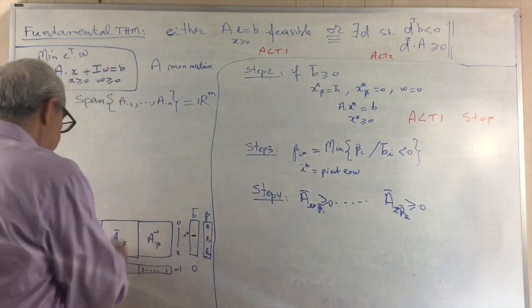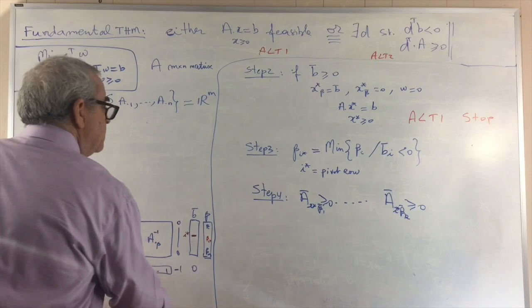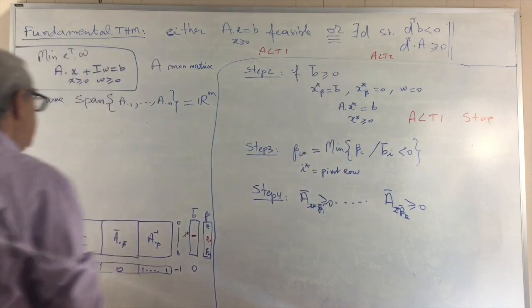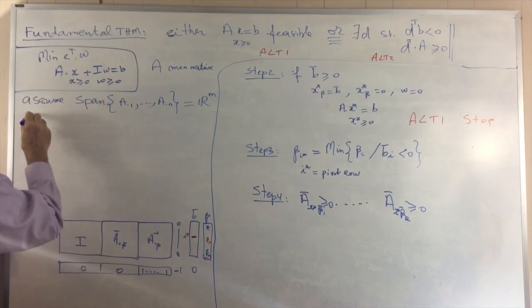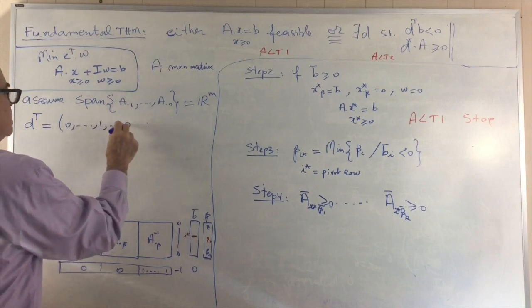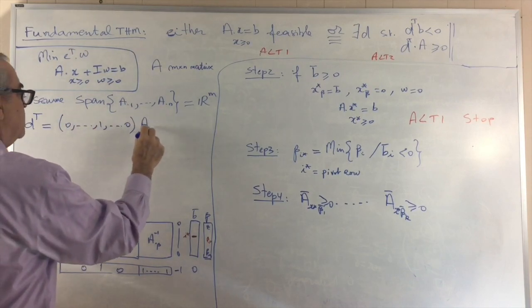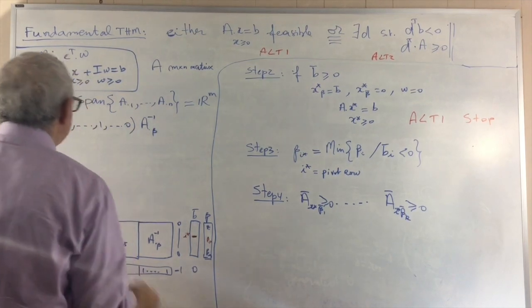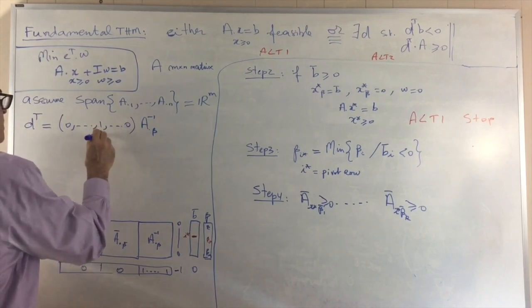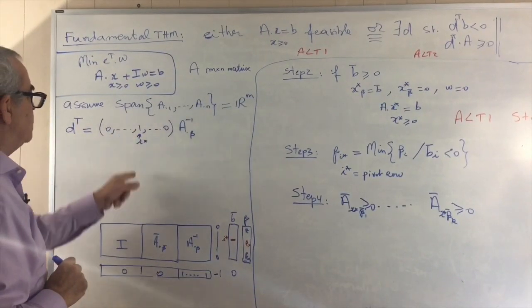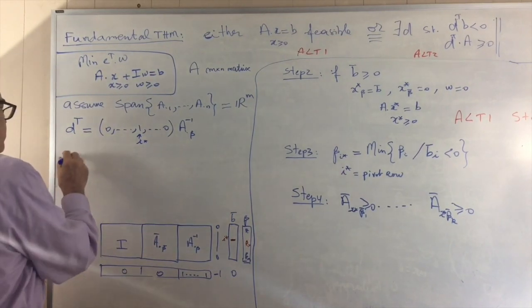So I cannot pivot in these columns here. Now I'm going to show that I am in alternative 2. So in here I'm going to define D transpose to be 0, 1, 0 times A dot beta minus 1. This is 0 except it's 1 on the I star index. Now, what is D transpose B?